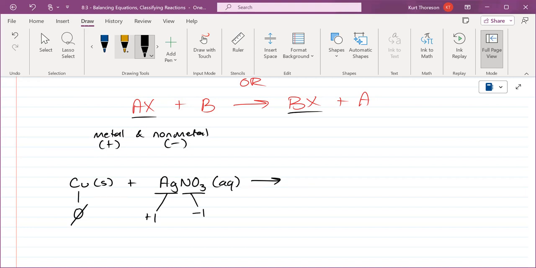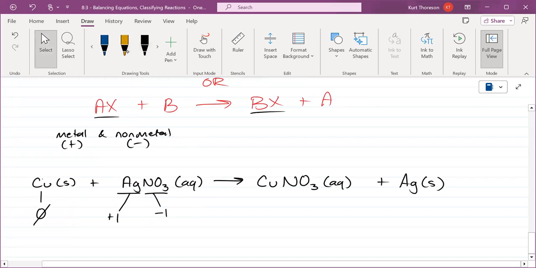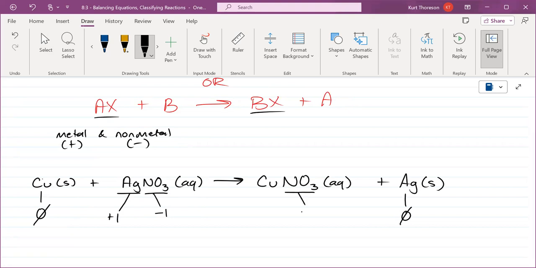Copper, when it's by itself, has no charge. But they're now going to flip-flop. Silver and copper are going to switch places. And so copper is going to go with nitrate, and silver will be all by itself. Now, because silver is all by itself, its charge is going to be 0. Nitrate has a -1 charge. What must copper's charge be?